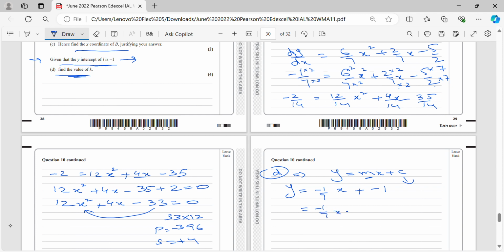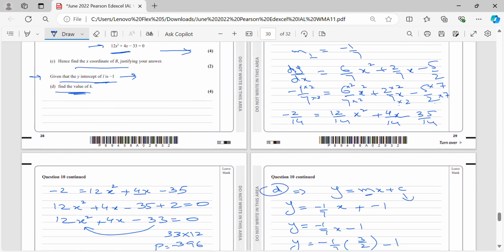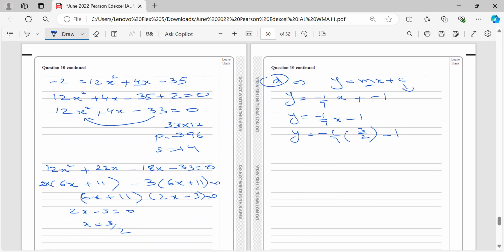So y equals minus 1 over 7 x minus 1. At x equals 3 over 2, let's find the y value, because we just got the x value at B. That is minus 3 over 14 minus 1, and this is negative 17 over 14. So y is minus 17 over 14.